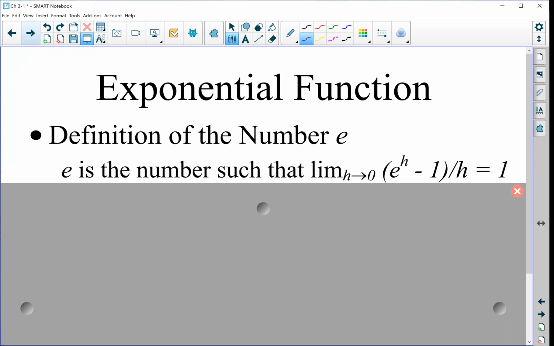Exponential functions. I'm pretty sure you've done some work with e and with logarithms and things. E has its own very special derivative.